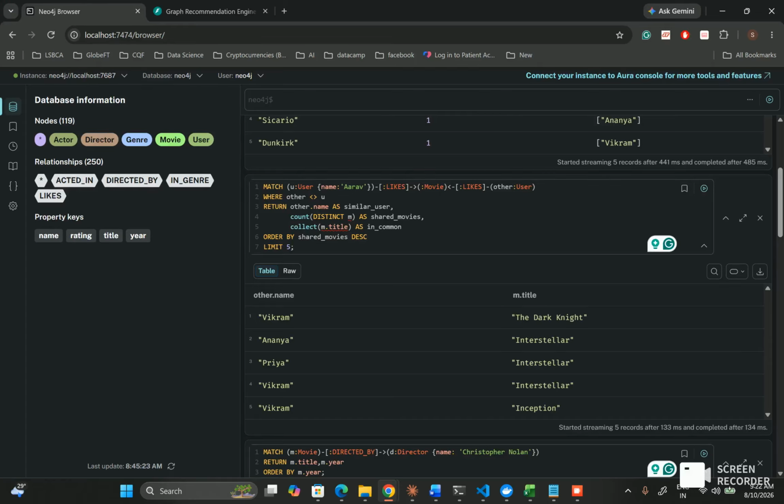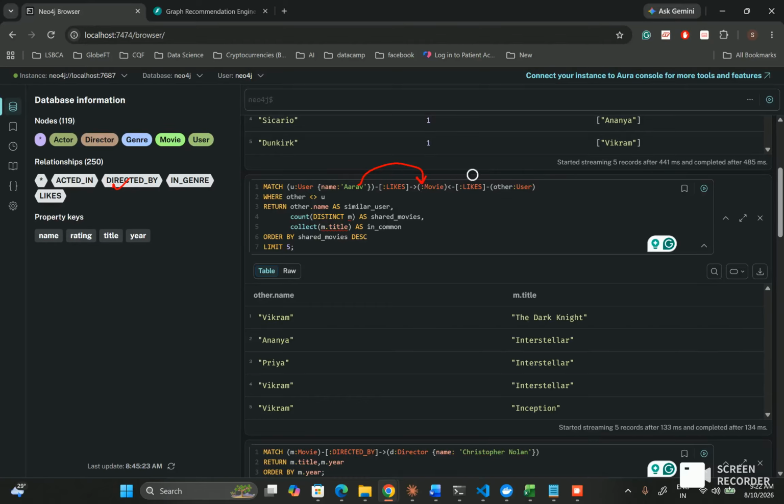Now let's walk through this code first. Okay. First, start at Arav. Find a movie he likes. Then from that same movie, let me open my pen. Right. Now, this Arav, find a movie that he likes.